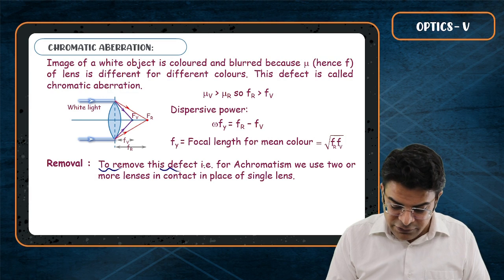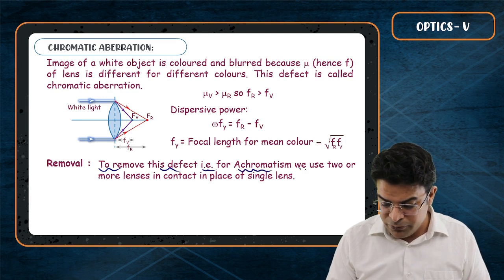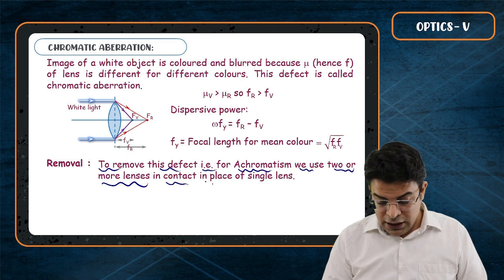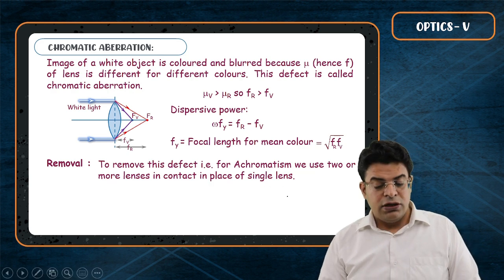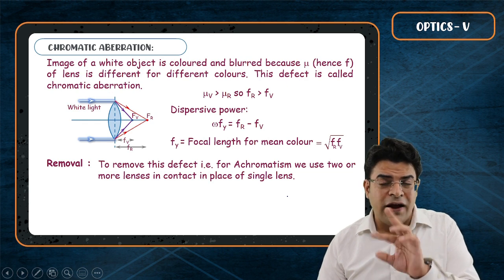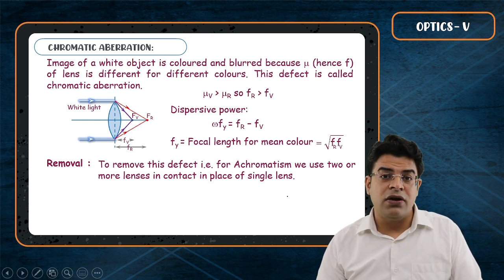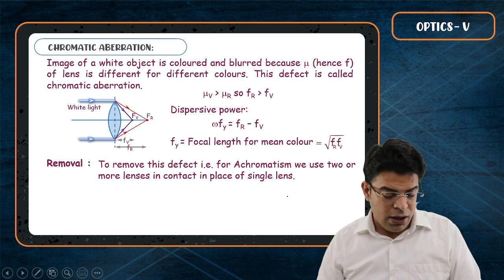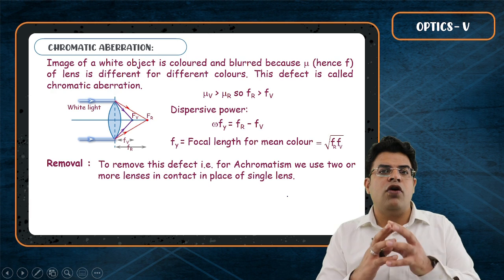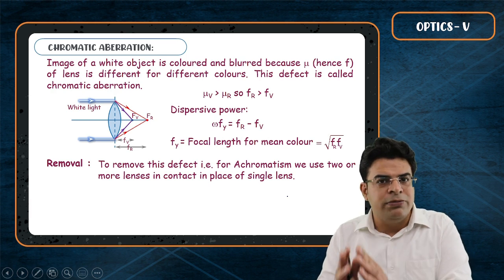To remove this defect, that is for achromatism, we use two or more lenses in contact in place of a single lens, such that the focal length finally matches up. So that's called achromatic combination. Now, when we do achromatic combination, it is necessary that if one of the lenses is converging, the other one has to be diverging.